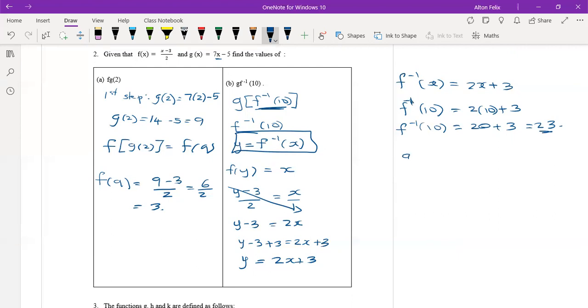Okay, so we now need to substitute this value of 23 into our g function. So this will give us 7 by 23 minus 5. Okay, let's work out that. 7 by 23 minus 5.